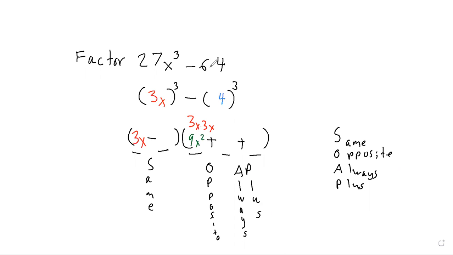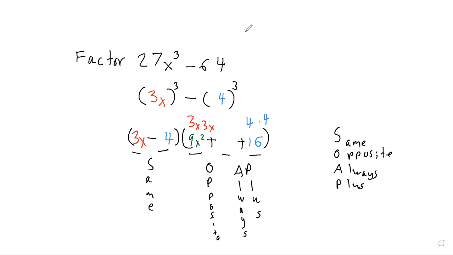Our second term in our original binomial, the 64, was actually equal to a 4 being cubed. So our first binomial in the answer is going to end with a 4. I am using colors intentionally here. If the binomial ends with a 4, the trinomial is going to end with a 4 times a 4, which is 16.